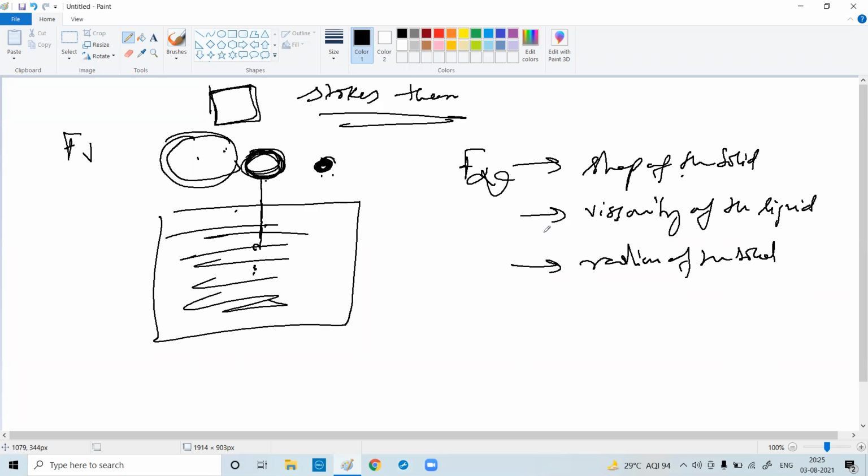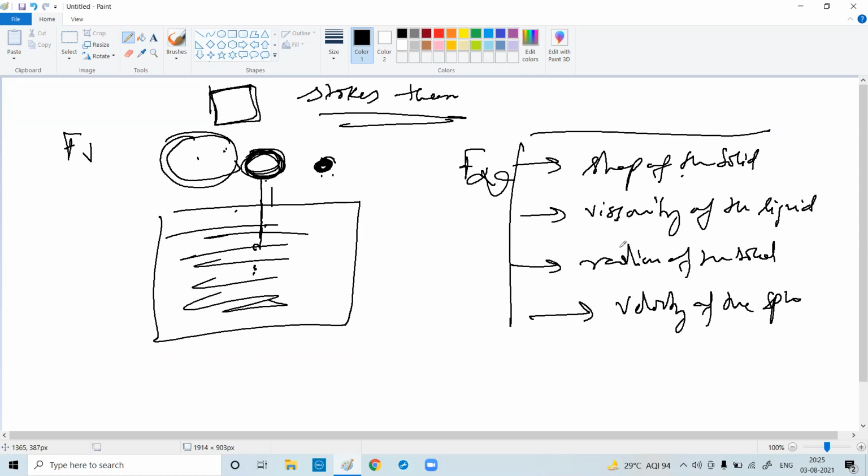And one more is the velocity of the sphere. How fast is it falling? Are you throwing it very hard inside or just dropping it? It will depend on all these factors. So you have three factors basically: the radius, the velocity, and the viscosity. Viscosity is given by eta, the coefficient of viscosity.